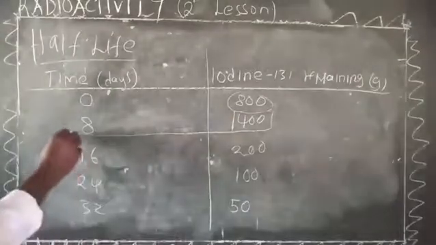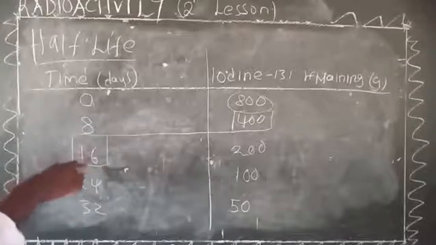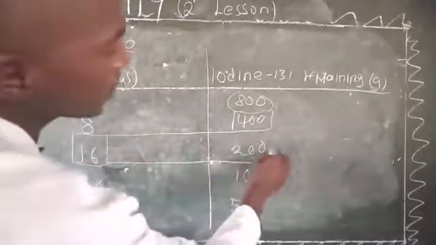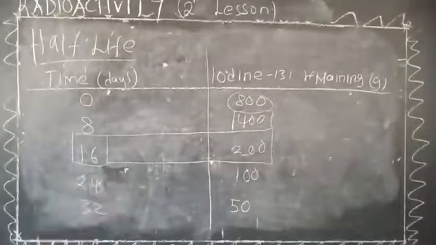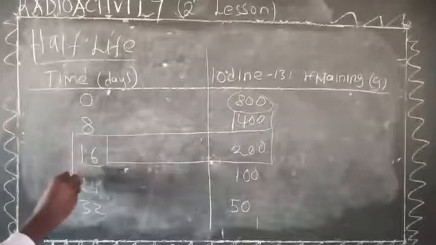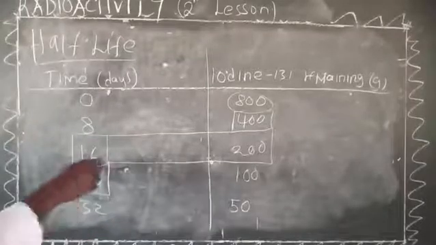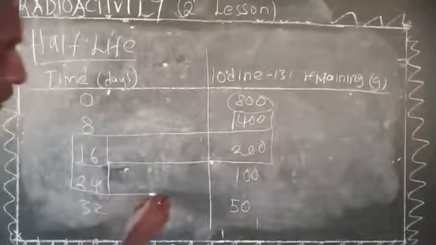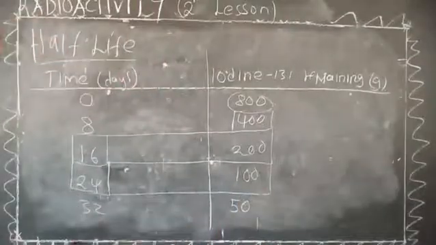When the time gets to 16 days, and you note that the difference between 16 and 8 is an additional 8 days, the remaining amount of iodine will be 200 grams. If you add another 8 days, that brings us to 24 days. The mass of iodine that will be remaining is 100 grams.